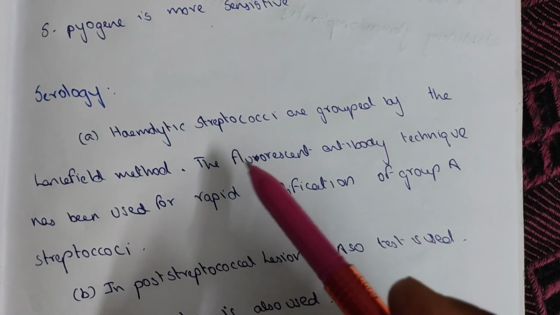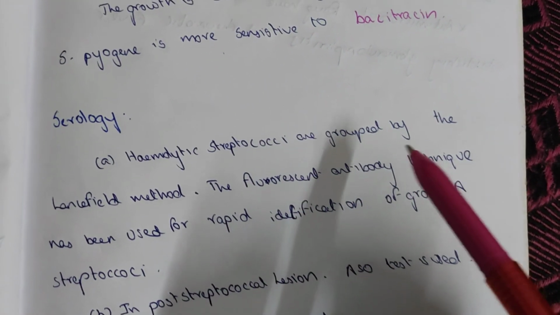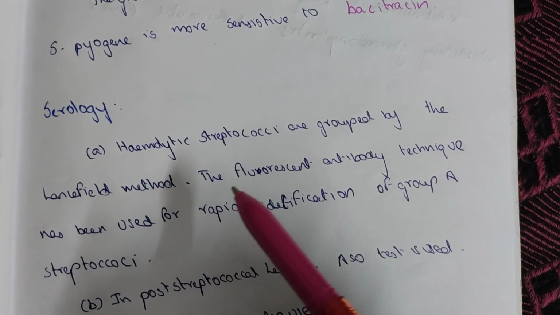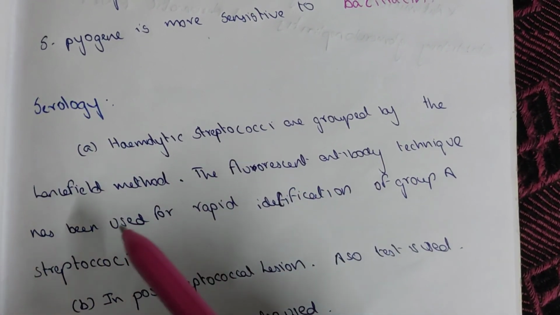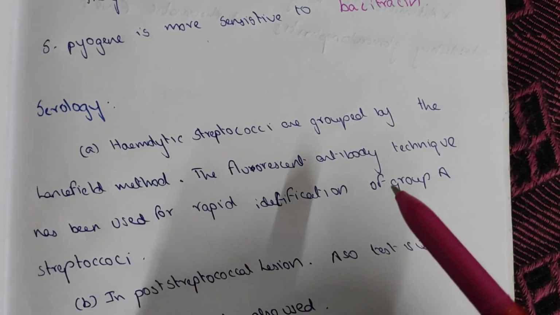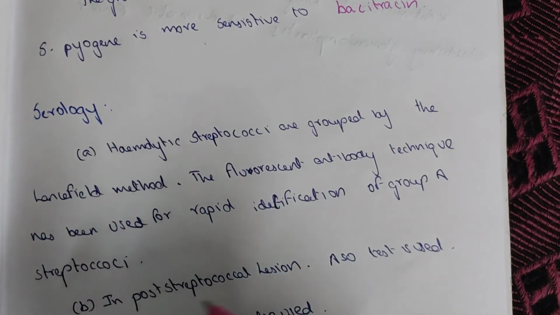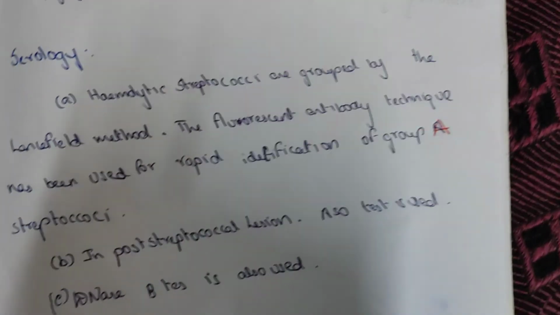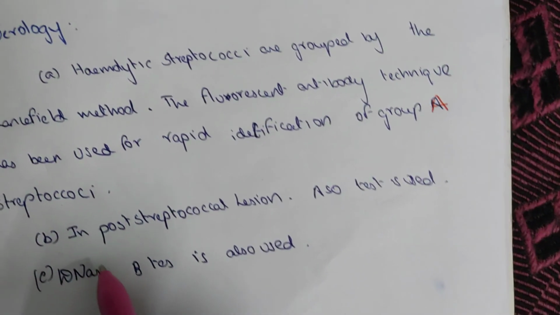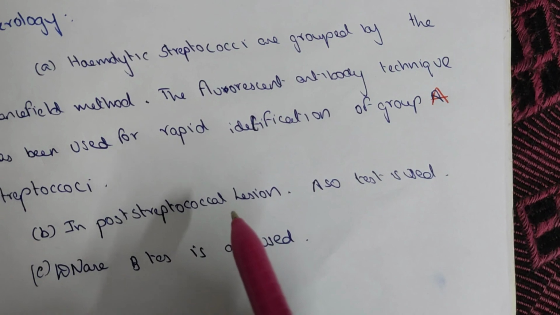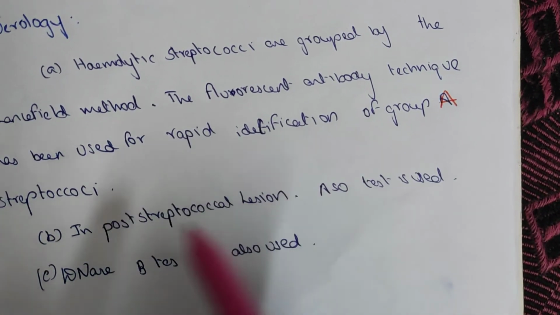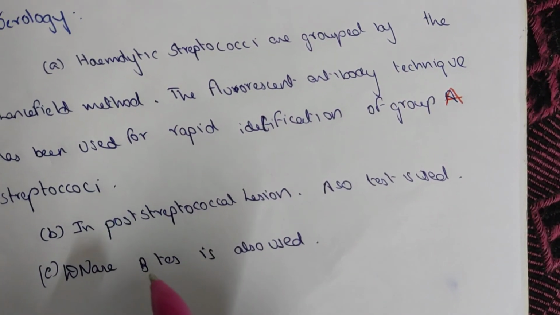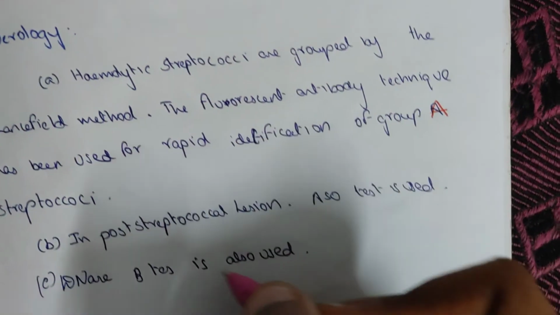Serology. Hemolytic streptococci are grouped by the Lancefield method. The fluorescent antibody technique has been used for rapid identification of group A streptococci. In post-streptococcal lesions, the ASO test is also used. The DNase B test is also used.